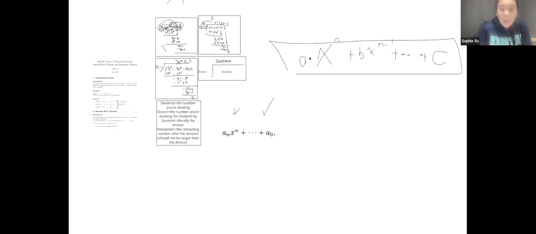So it's basically like that, right? Let's just say c is a constant term and a is a coefficient, which is the constant that is multiplied by x to the power of n, and n is the largest power there is in the polynomial. Okay, does that make sense? I feel like that might be a bit confusing.